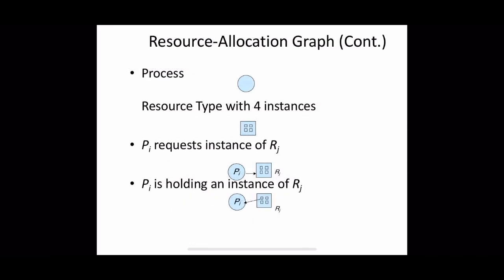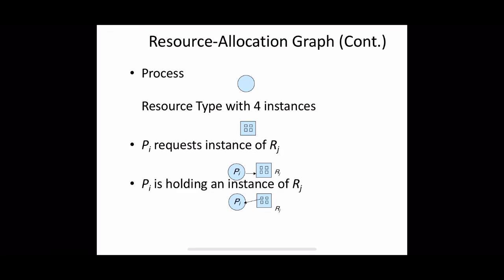Pictorially, each process will be represented as a circle and each resource type will be represented as a rectangle. And as we know, each resource type may contain multiple instances. So each instance of a particular resource type can be represented using small dots within the outer rectangle.